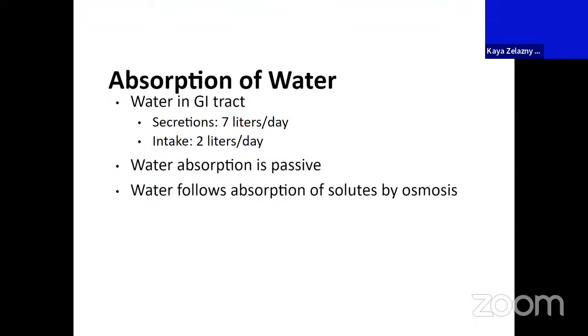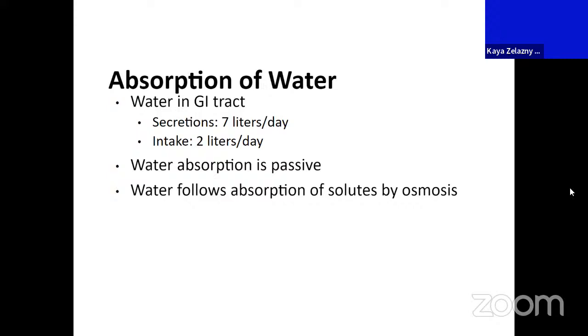Okay. So thus far, we've been talking about how we eat food, right? So the parts of our GI tract, the different cell types lining the GI tract. We've talked about what's going on in the different organs.